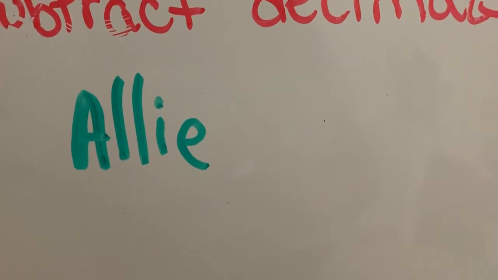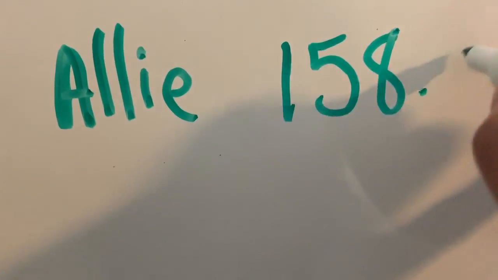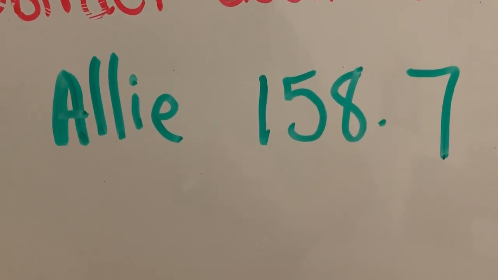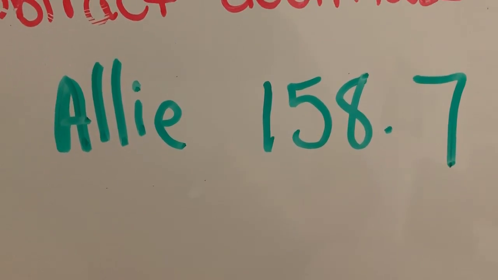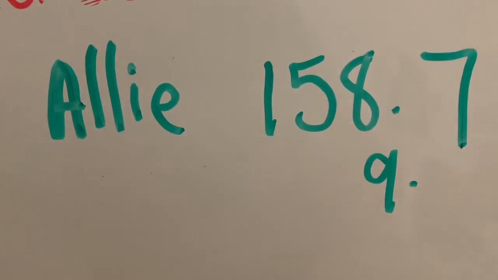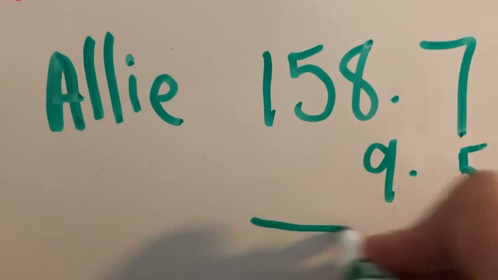So Ali, we have Ali. It's right here. And she is 158 and 7/10 centimeters tall. And her brother is 9 and 53/100 centimeters shorter than her.